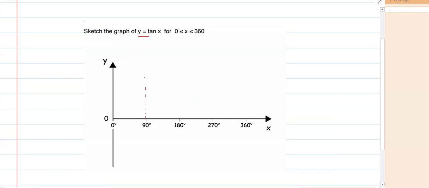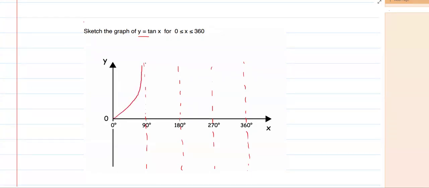First thing, because it is the tangent, keep the gap of, okay. So how we will sketch? This one, this one, this one. That's it. We have sketched. Yes, understood or not?